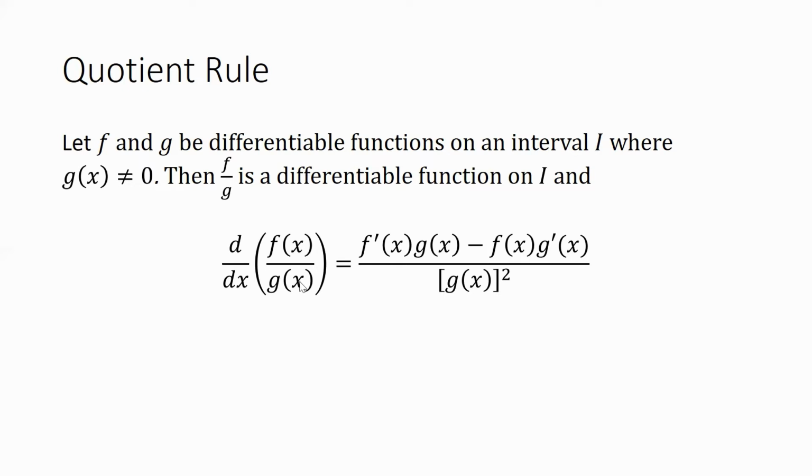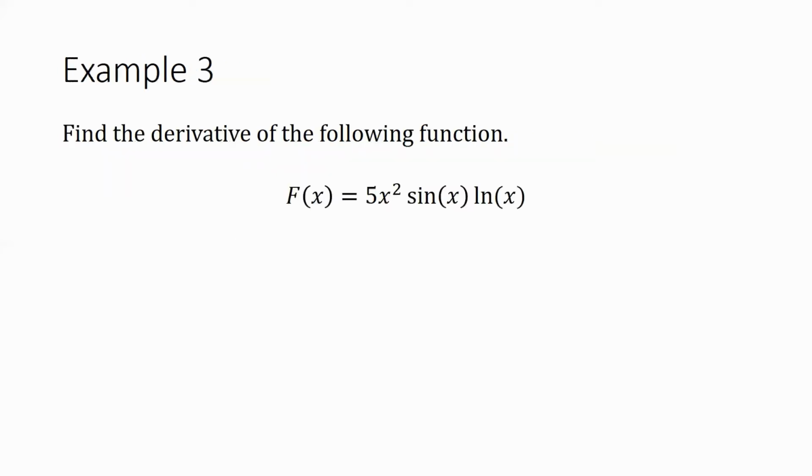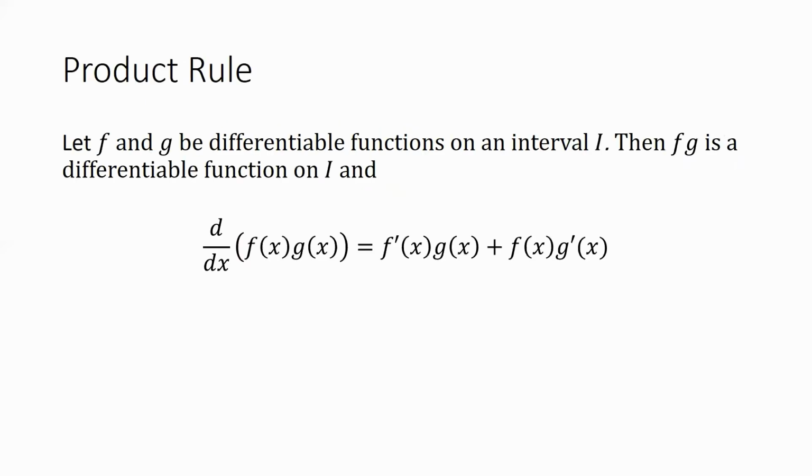In other words, if I mixed up the f and g here, I'd mess up my quotient rule. That's not the same case as with the product rule. With the product rule, if I rearranged f and g, this is all commutative. So addition is commutative, but subtraction is not.